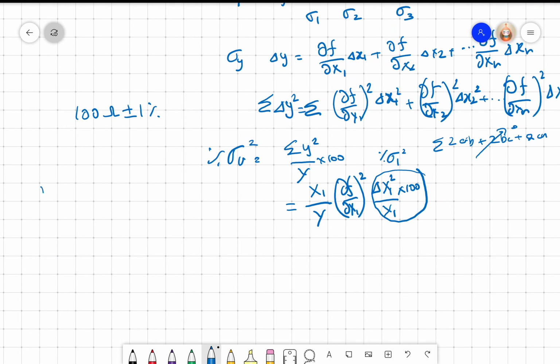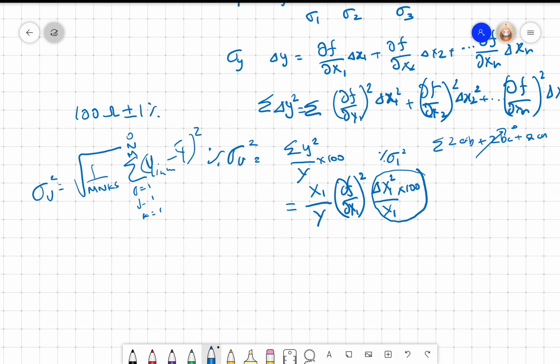Sigma y square is equal to the square root of the sum over j equal to 1 to m, i equal to 1 to n, k equal to 1 to o, all those things, of y i, j, k, etc. minus y bar whole square.